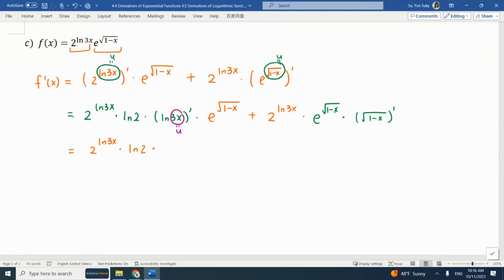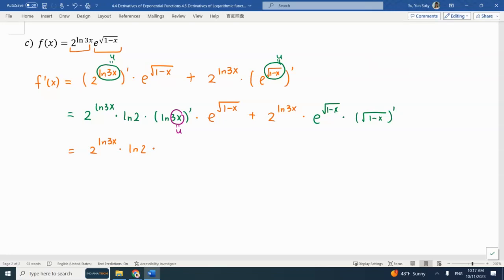And now you see it's ln. We have the formula for ln x, but this is not exactly x, right? If it's not exactly x, we need to use the chain rule. It's a composition function. What is the derivative of ln u?